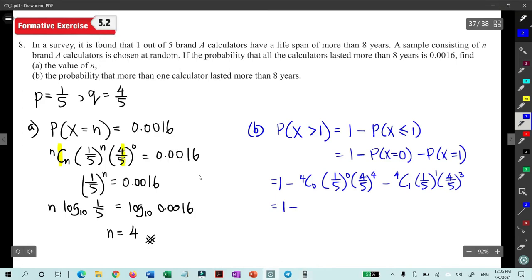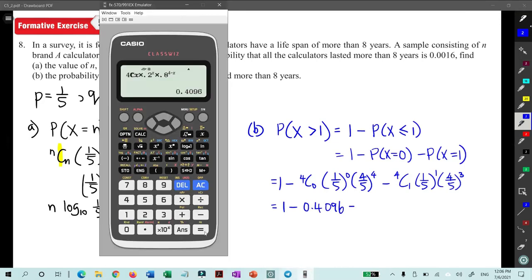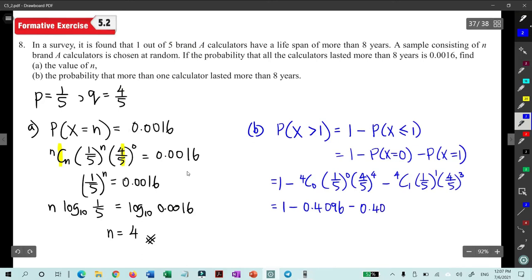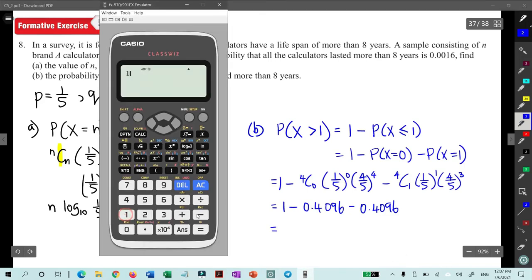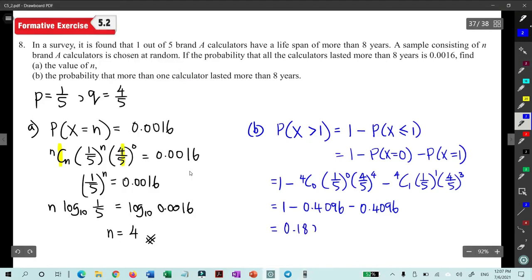So 1 minus 0.4096, and when x is equal to 1, we get again 0.4096. So 1 minus 0.4096 minus 0.4096 is equal to 0.1808.